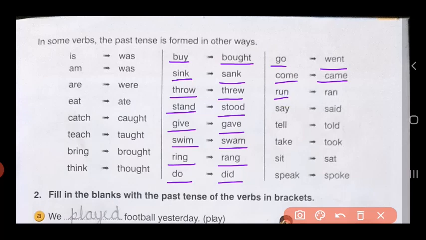Run, past tense is ran. Say, past tense is said. Tell, past tense is told. Take, past tense will be took. Sit, the past tense is sat. And speak, the past tense is spoke.